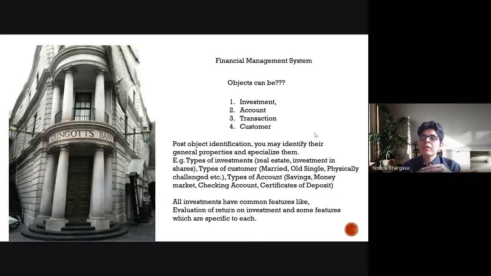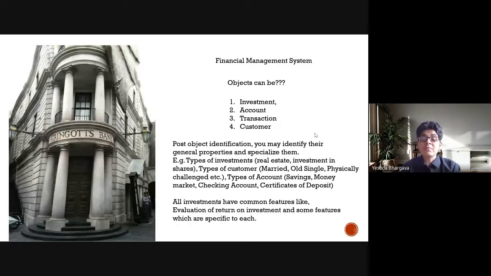When you talk about investments, there can be multiple types of investments, like real estate investment, investment in shares. There can be multiple types of customers based on who is interacting with your financial management system. Obviously the functionality provided to different customers by this financial management system is different. The rules and protocols are different.